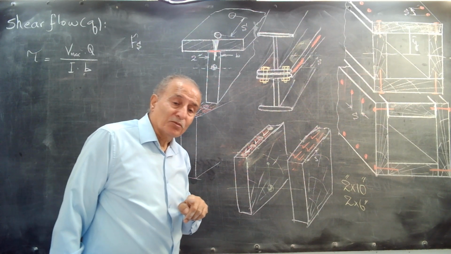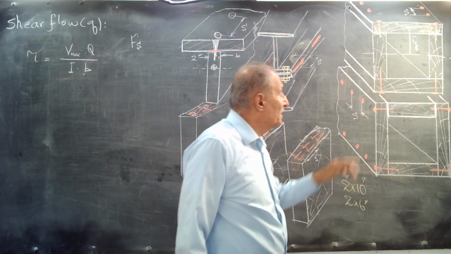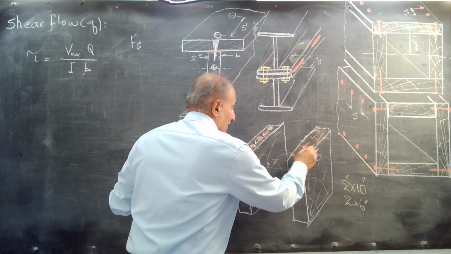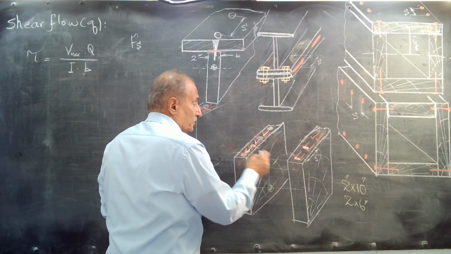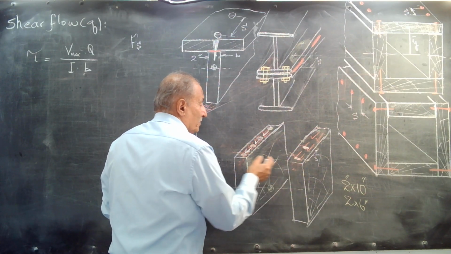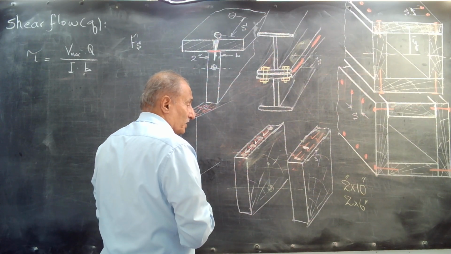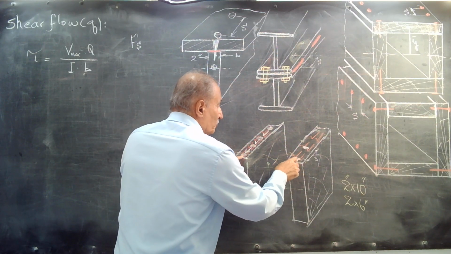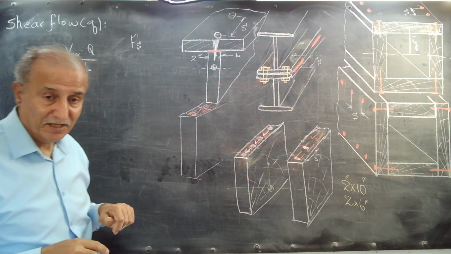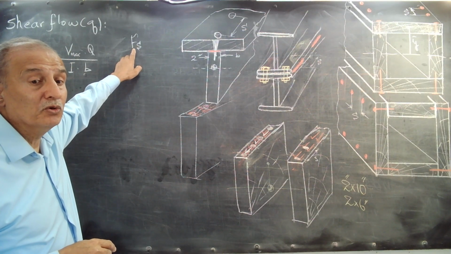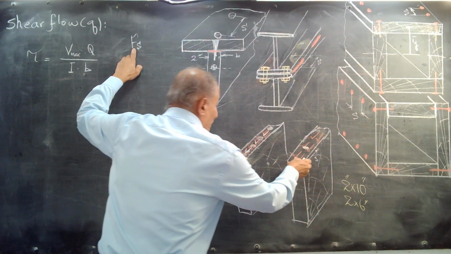Another thing you must remember is the number of nails for each space. Because you calculate b as this length plus this length, you have 2 fasteners here, 2 nails here. You must consider Fs times 2, because at each row you have 2 nails.